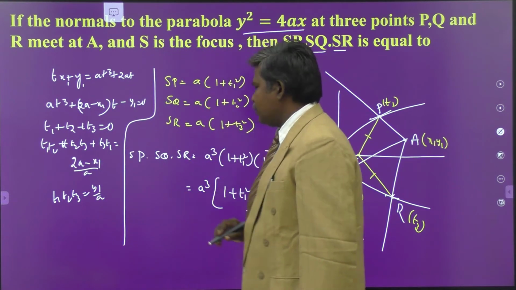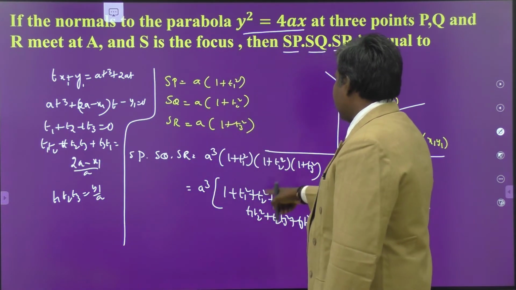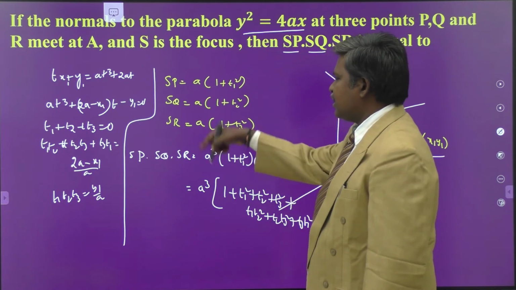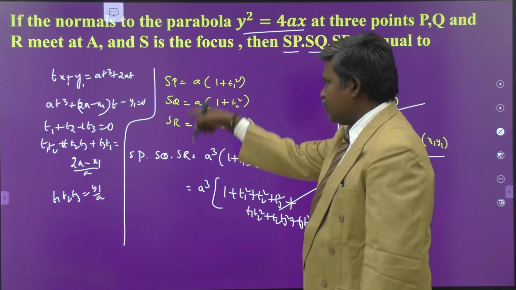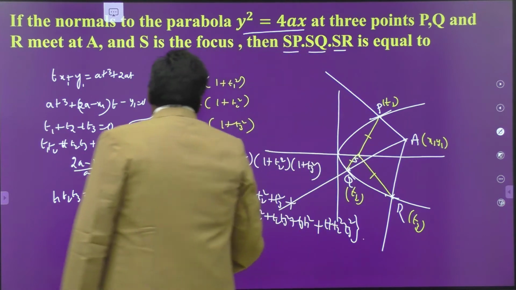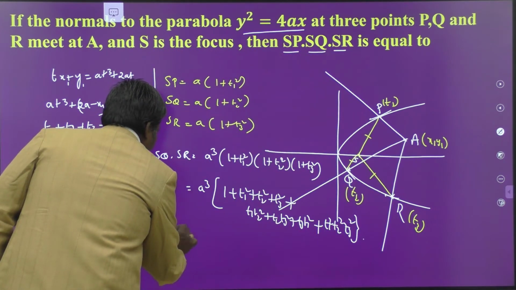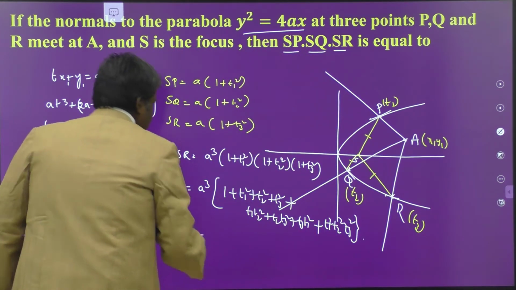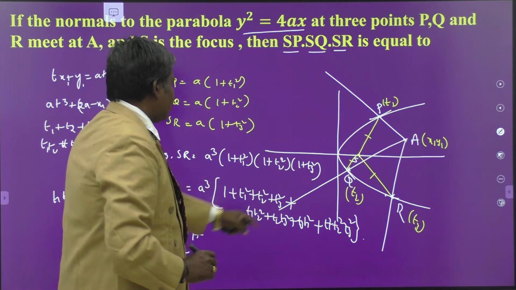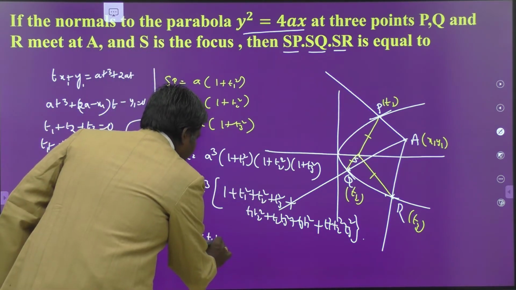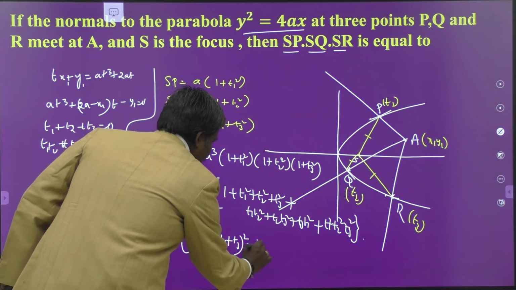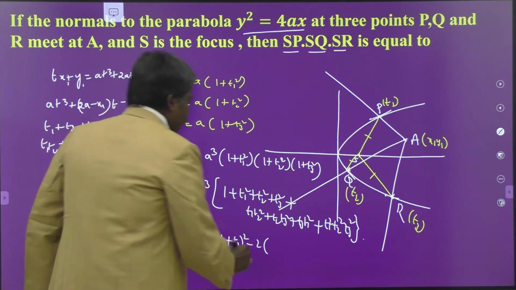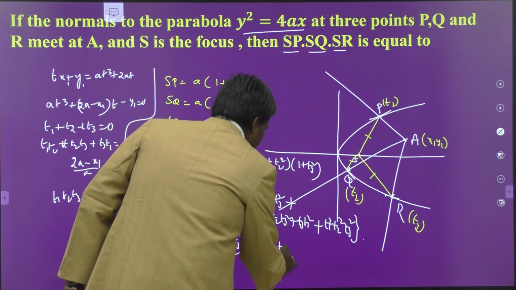These are the three values, and we convert these t1, t2, t3 in terms of x1, y1 by using these three conditions. How to obtain that? a cube times of 1 plus, this is nothing but (t1 plus t2 plus t3) whole square minus 2 times (t1 t2 plus t2 t3 plus t3 t1).